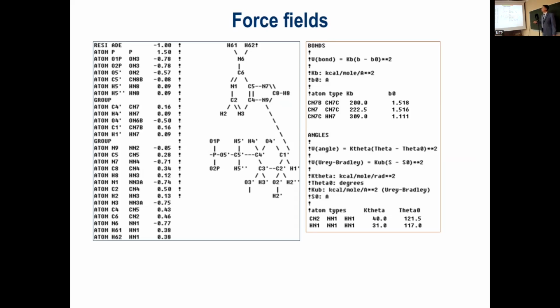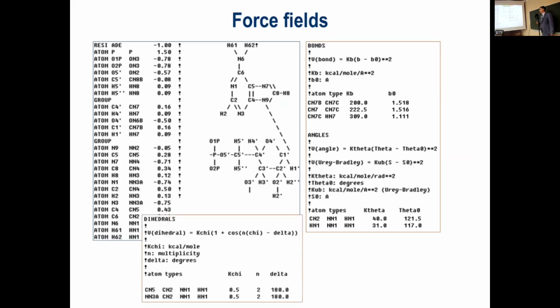So in such a way, we determine that these three atoms have the potential dihedral angle with such parameters, the force constant and the equilibrium constant. And in such a way, we have the definition for all interacting atoms, and we determine this system.